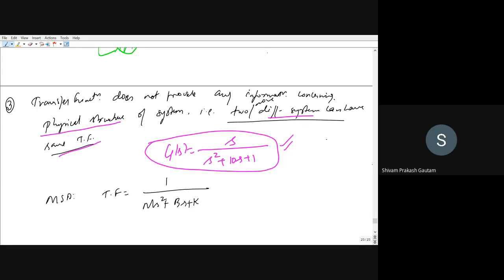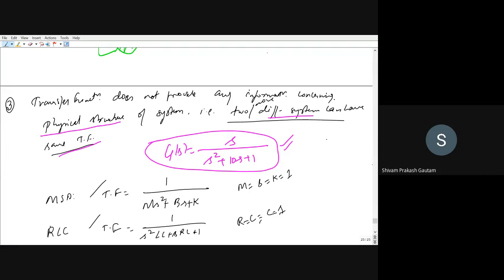And let us consider an RLC network, that is an electrical network, whose transfer function is 1 upon s square LC plus sRC plus 1. These are two different physical structures. One is translational motion, the second is an electrical network. Now I can assign mass, damper and spring values to be 1. Similarly, I can assign R, L and C to be 1.